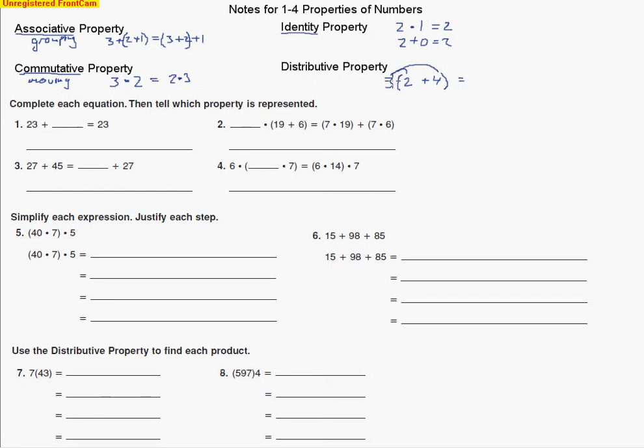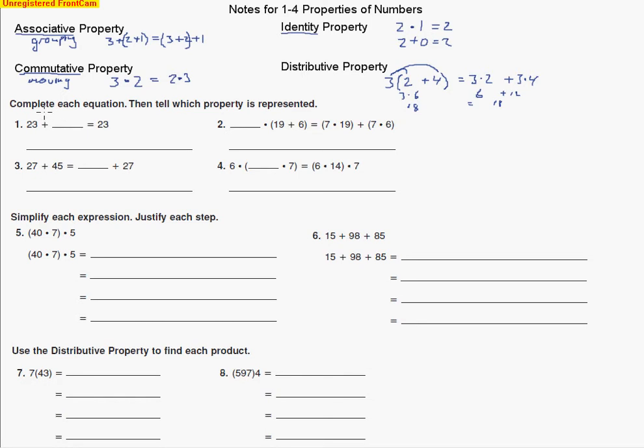If I add first, I get 6, and 6 times 3 gives me 18. Here, I multiplied the 3 over the 2 and get 6, 3 over the 4 I get 12, and I still get 18. So the two numbers agree. That's the distributive property.